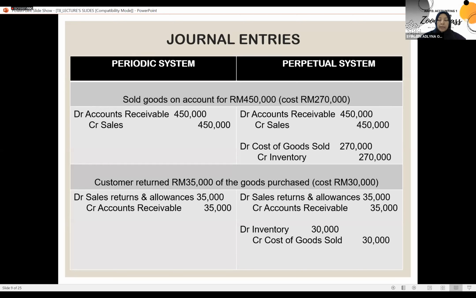And at the same time, you akan ada satu lagi catatan tambahan for your sales, that is, you akan debit cost of goods sold 270,000, and you akan credit inventory 270,000. So this 270,000 is actually your cost ataupun harga cost.